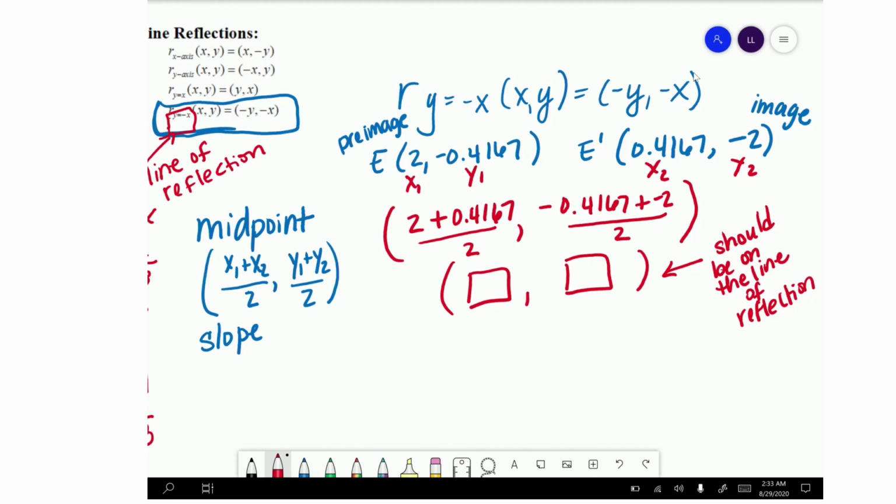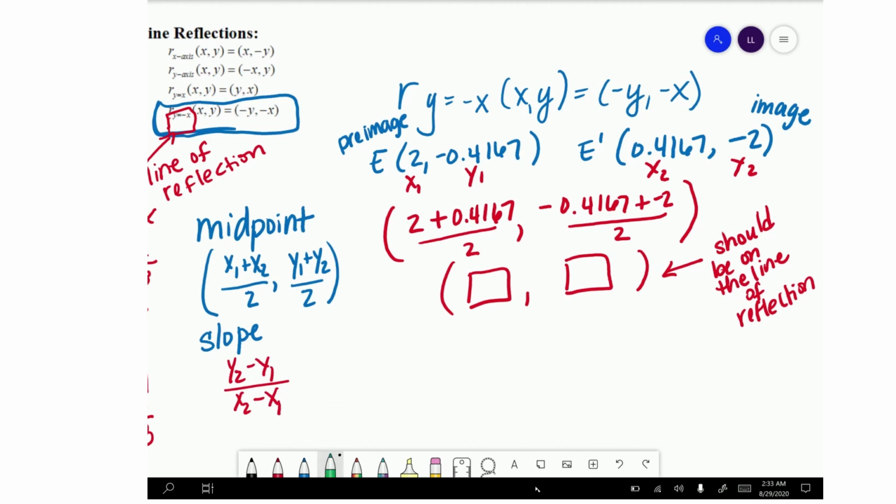We want to check to see if the lines are perpendicular. So we're going to find the slope of this line, and we're going to compare it to the slope of the line of reflection. So the slope of this line, remember slope formula is y2 minus y1 over x2 minus x1.